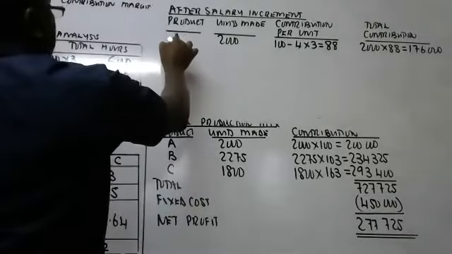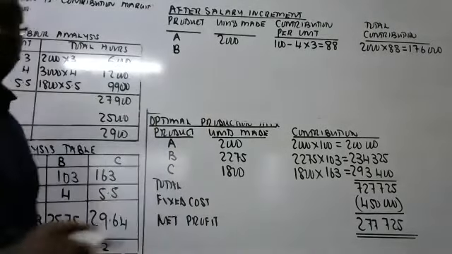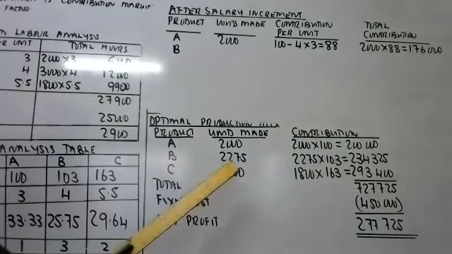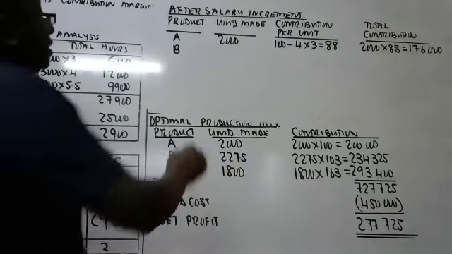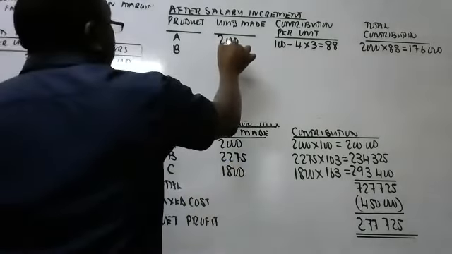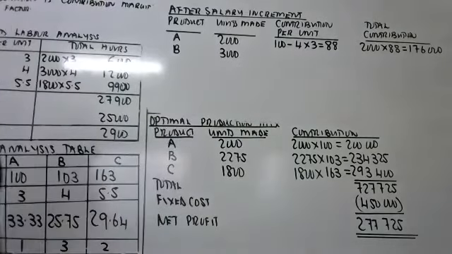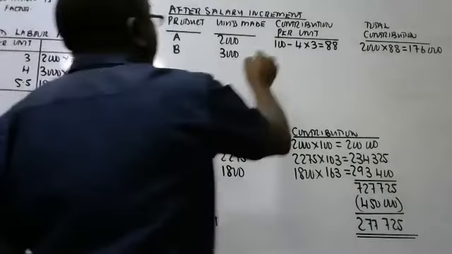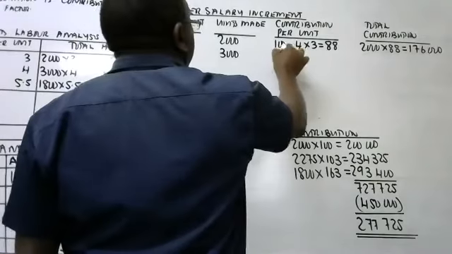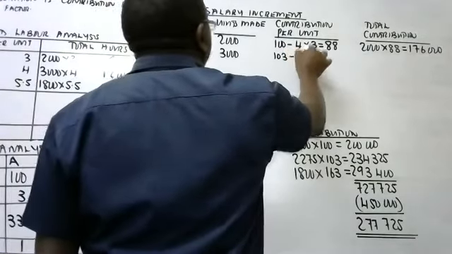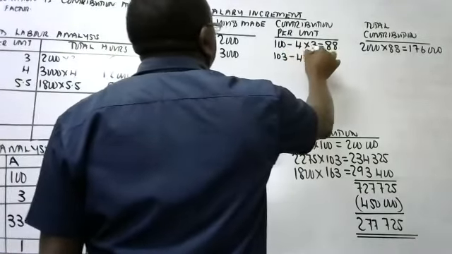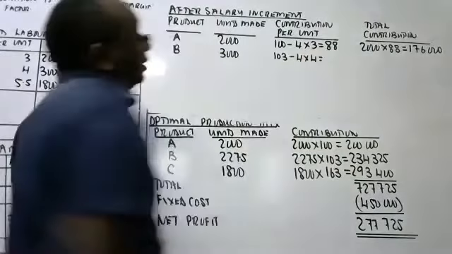Let us go to product B. So B now, we will make everything that we require, the 3,000. But the contribution margin will come down from 103 by 4 shillings per hour. And you can see here we required 4 hours.